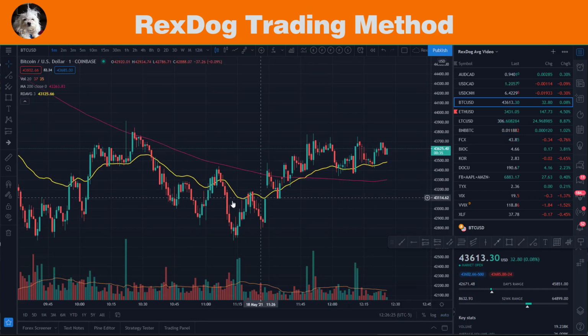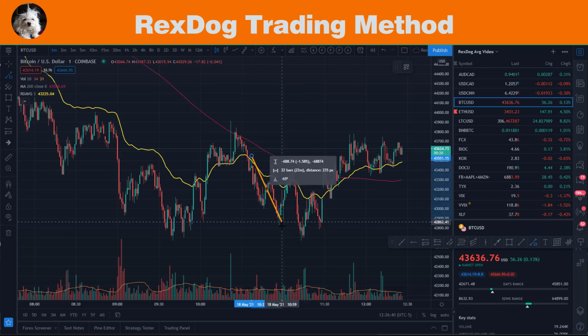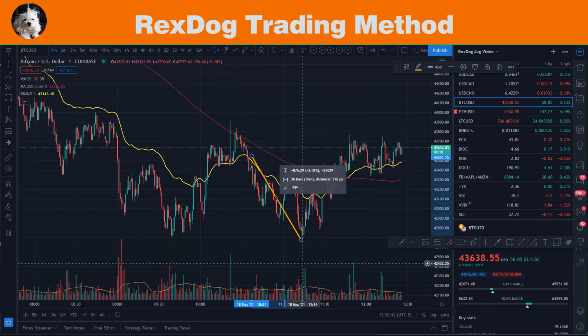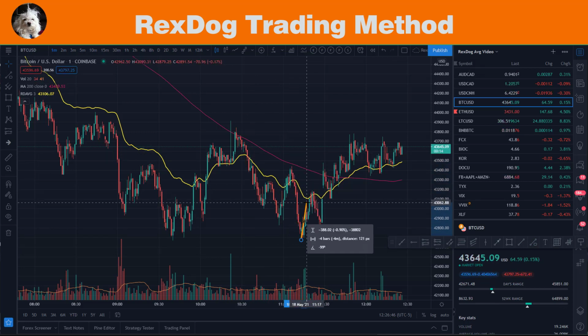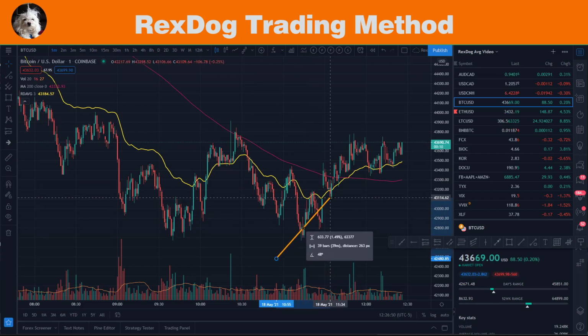1 minute, same type of thing. RexDog Average. Look, it's a fast-moving chart, but okay, the RexDog Average has been breached. Went to test it. Went down, ultimately 2%. It extended from the RexDog Average, then snapped back to it.